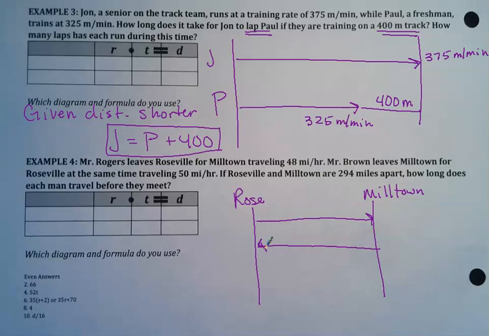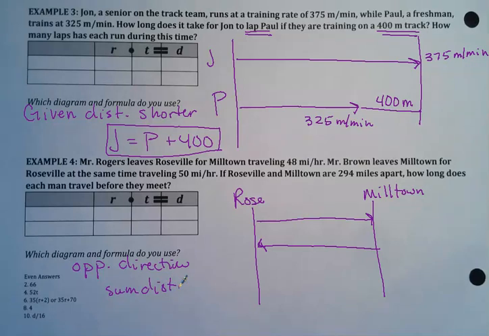They're going opposite directions. Okay, we would sum the distance because it's opposite direction. Okay, so opposite direction. We're going to sum the distance, because they're traveling the same.